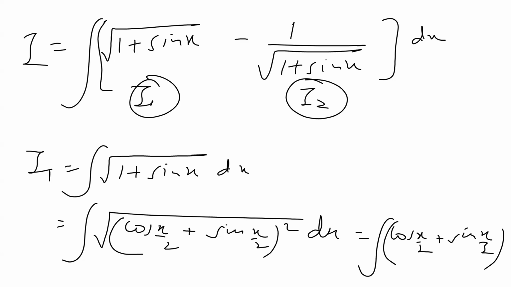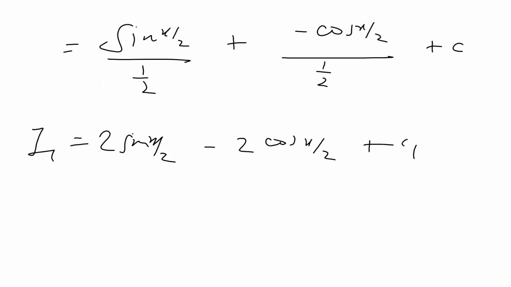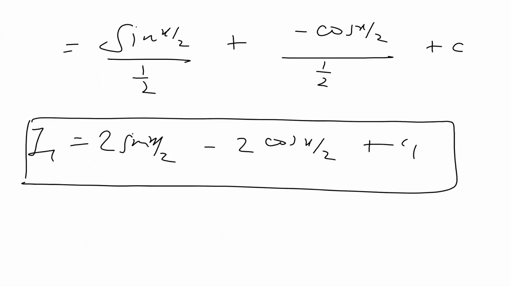So cos is sin and sin is minus cos. Cos x by 2 gives sin x by 2 upon d by dx of x by 2, which is half, and sin gives minus cos. So this will be 2 sin x by 2 minus 2 cos x by 2 plus c1. So this is your I1.